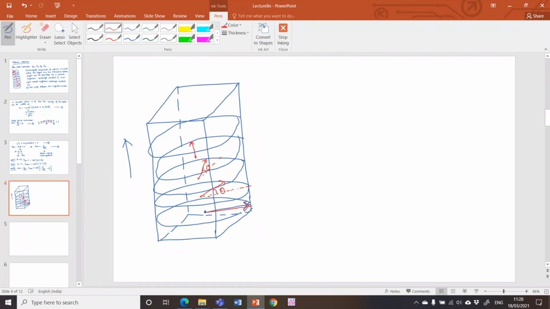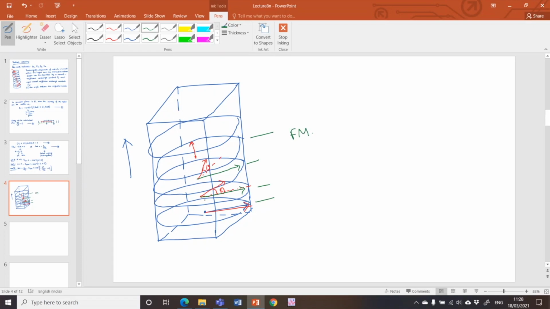Abdul? Yes, sir, clear. Okay. So now if theta is 0, that means this line will again follow on the same, right? This line will also come here, right? Which means that each is lying parallel to the others, right? So this will be a ferromagnetic kind of thing.